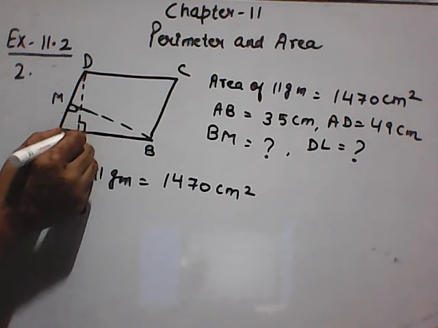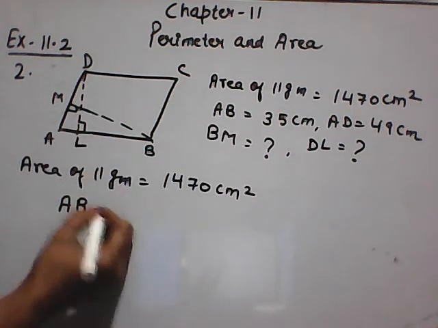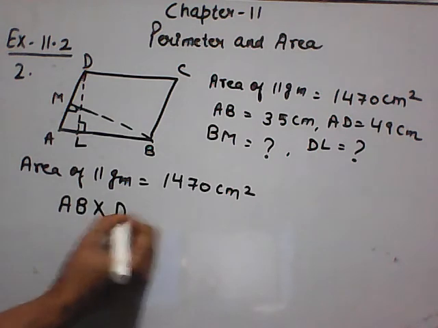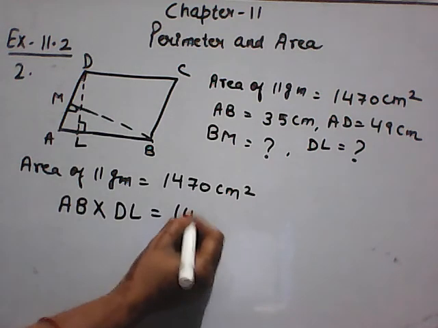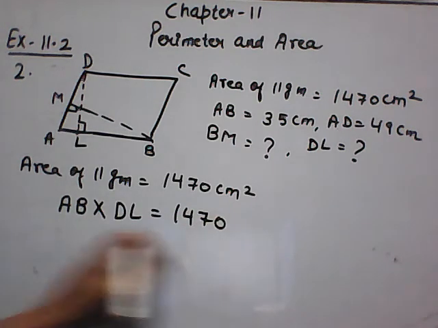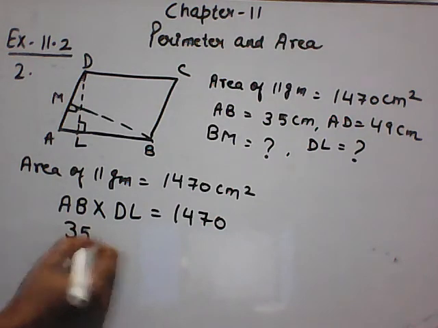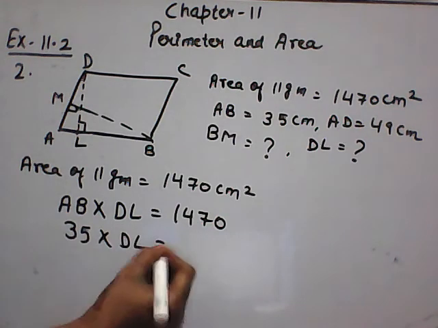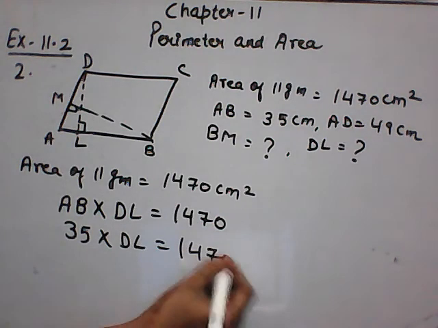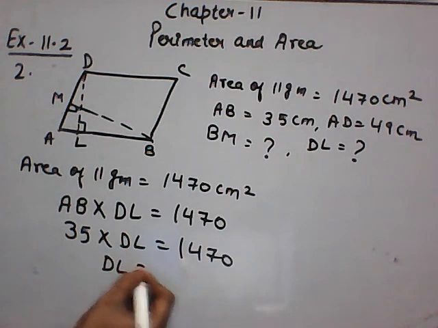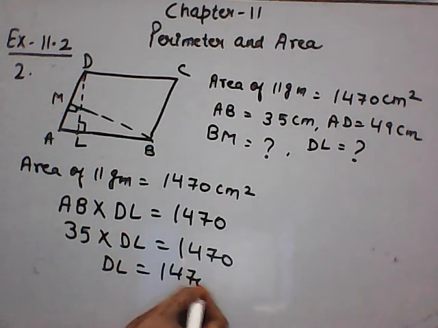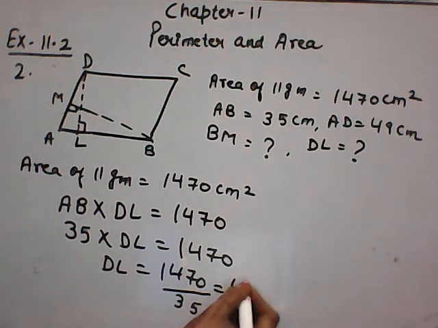Here DL is the height on base AB. So AB into DL is equal to 1470. AB is given to you 35. DL can be found out as 1470 divided by 35, that is equal to 42 centimeter.